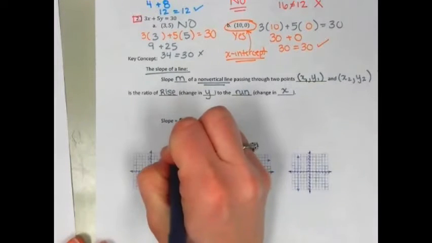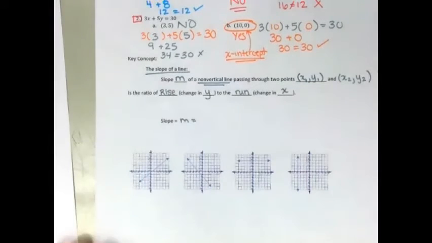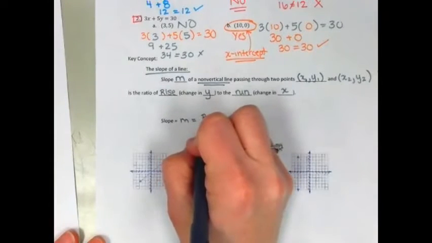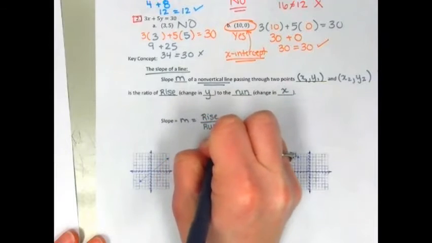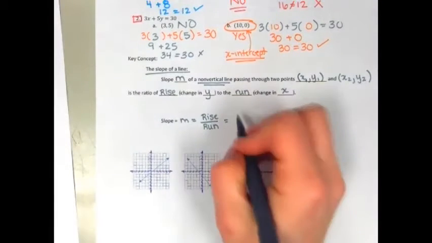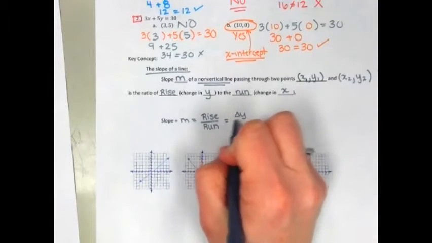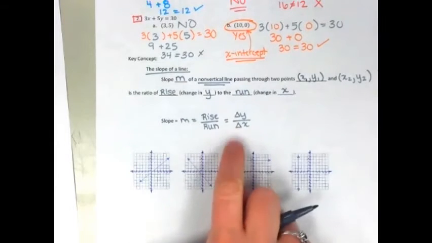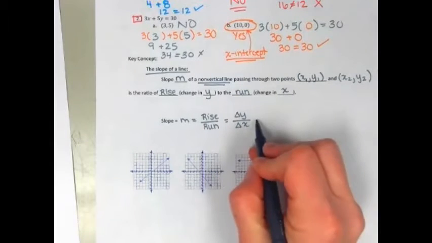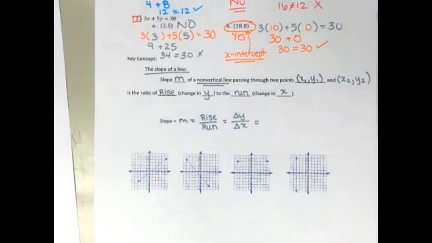So the slope is labeled with M. It is, again, the ratio of rise to run, or we can look at it as the change in y over the change in x. This triangle represents change in. What does the change in mean? Like if I know my y coordinates are 10 and 5, what's the change? 5, right? And how'd you do that?